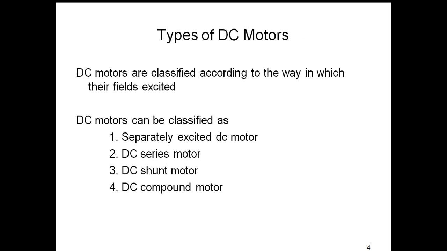This DC compound motor is again classified into two types. One is differentially compound DC motor, and the other one is cumulative compound DC motor.